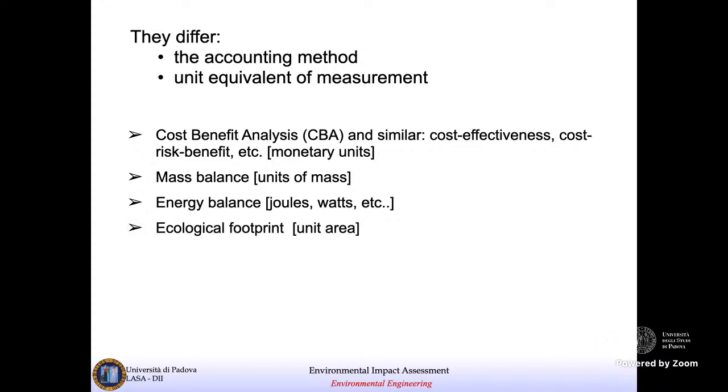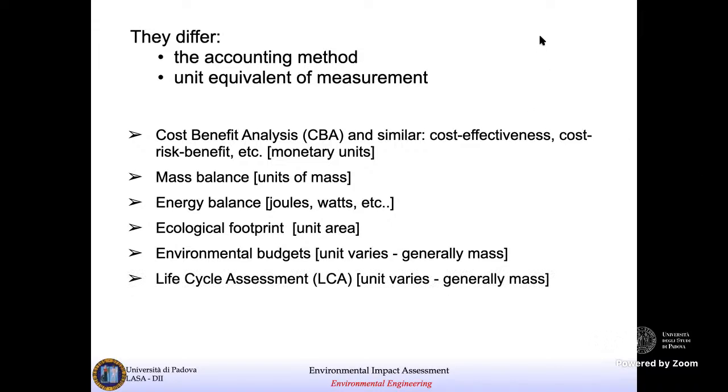For ecological footprint, typically you evaluate surfaces, unit areas needed for a project to be implemented. For environmental budgets, the units vary. Generally, you employ masses, but more commonly, you will employ several different types of accountancy methods or different types of measurements.